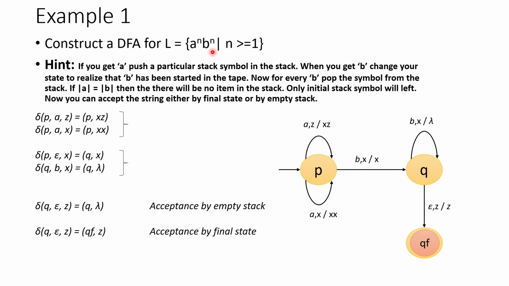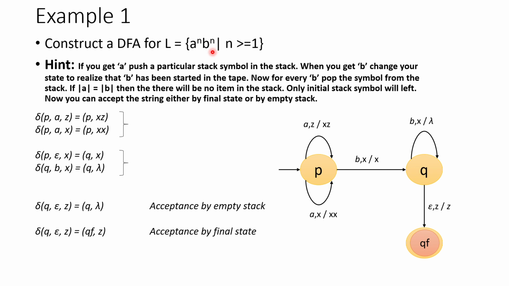After reading all the b's, when your read pointer is beyond the end of the string, you will see that only Z is left on the stack. That is only possible if the number of a's and b's match, because the stack operations we have taken are just complementary for reading a and b, right?